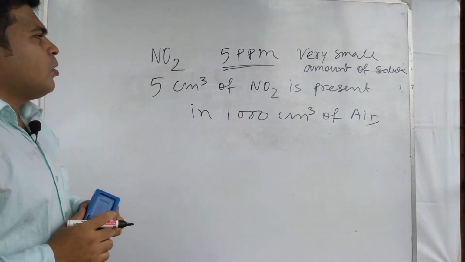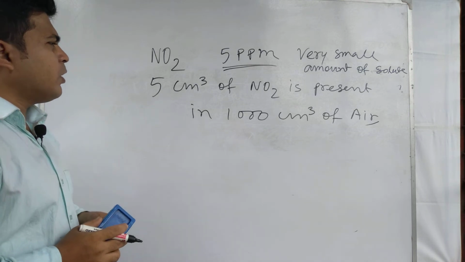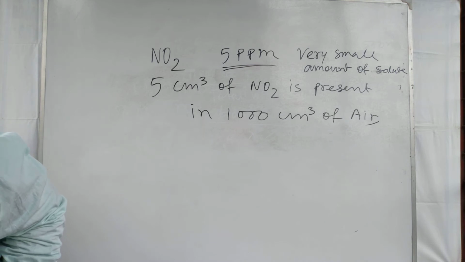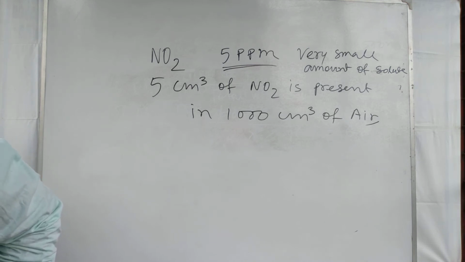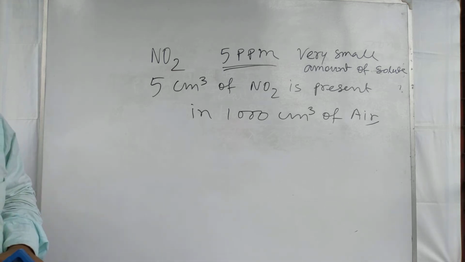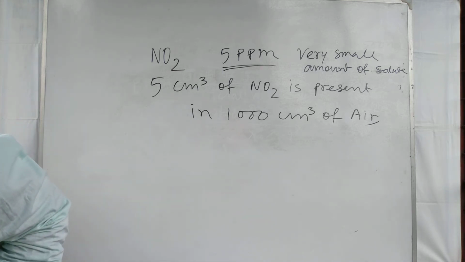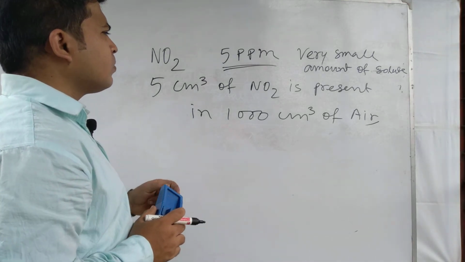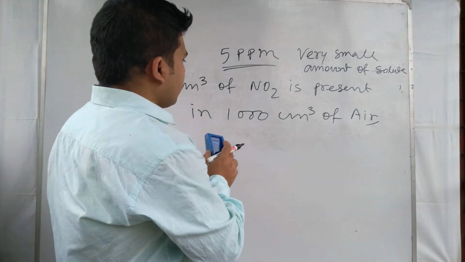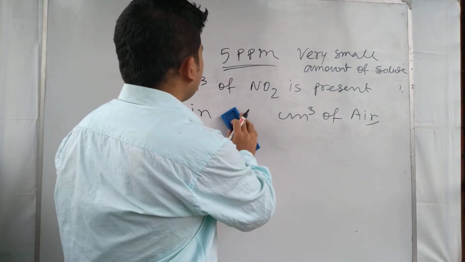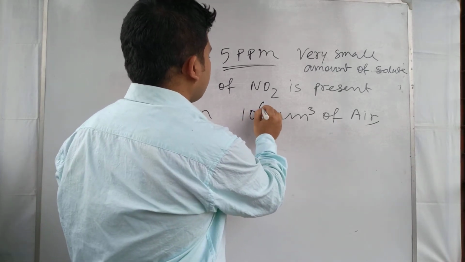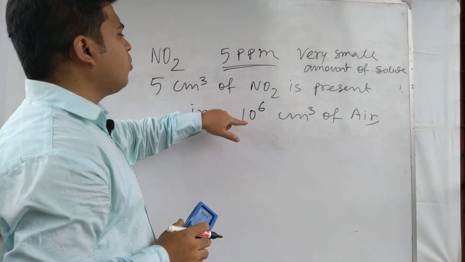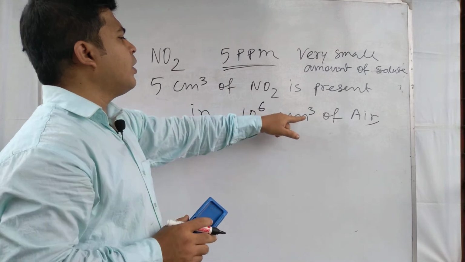Okay, I am making a mistake here. It is a mistake that 5 centimeter cube of NO2 is present in 1000 centimeter cube of air.